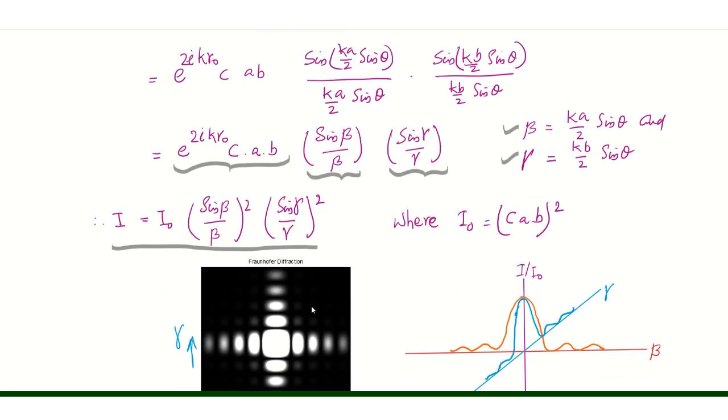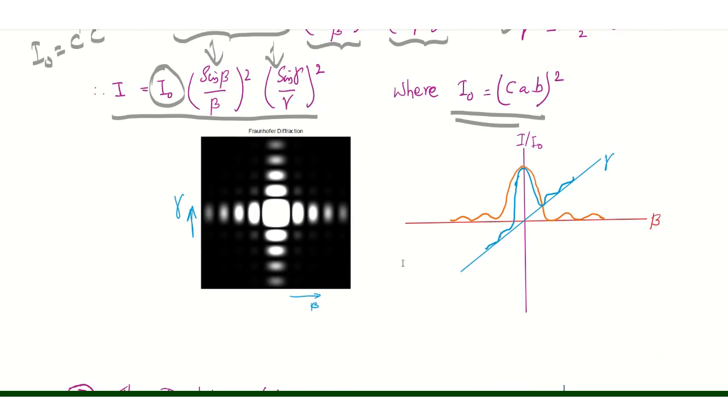You have two sinc square functions, one in the x direction, one in the y direction, with the unperturbed intensity I0, and I0 is given by this one, and you get it from here. If you take this as C prime, I0 is C prime star, that is I0.